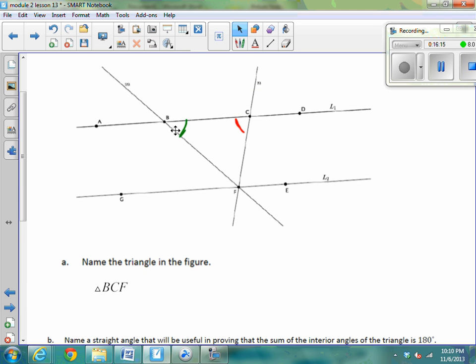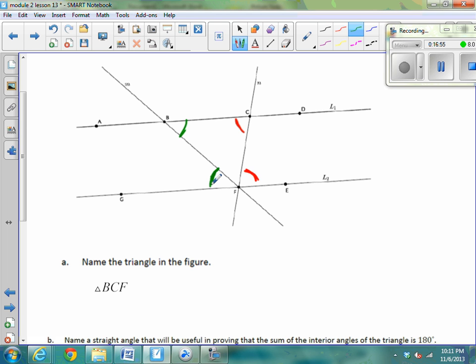We've got BCF and we've got CFE. These two angles right here are alternate interior angles. Then we've got angle CBF in the triangle, and we've got these two angles here.